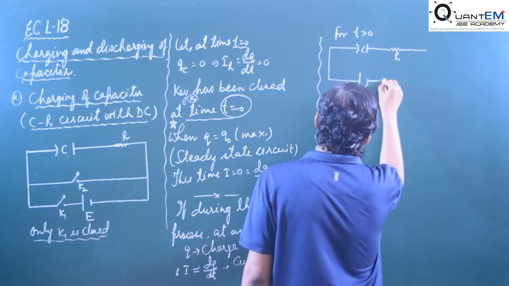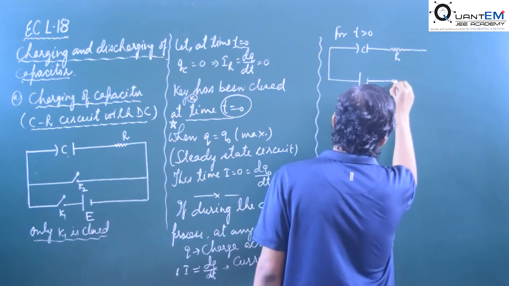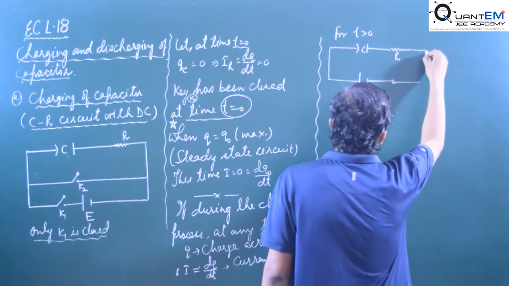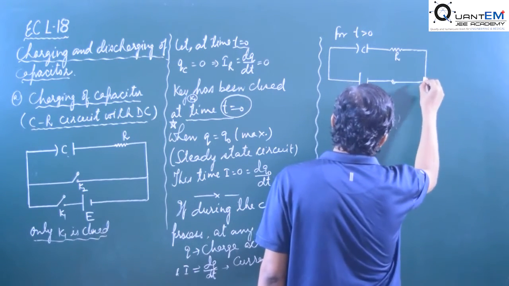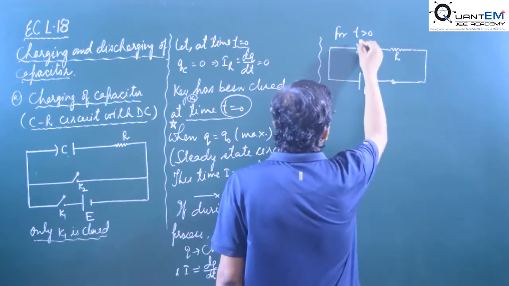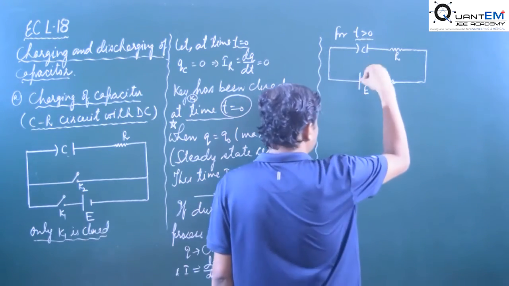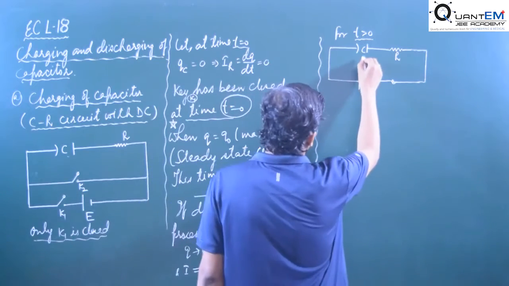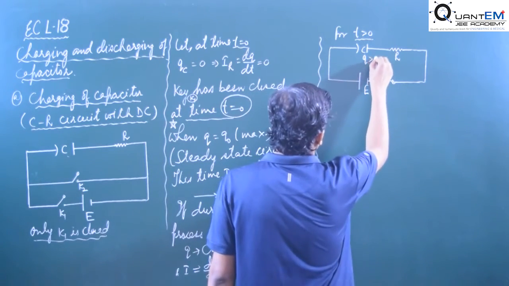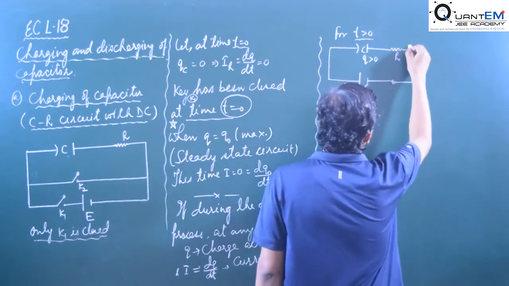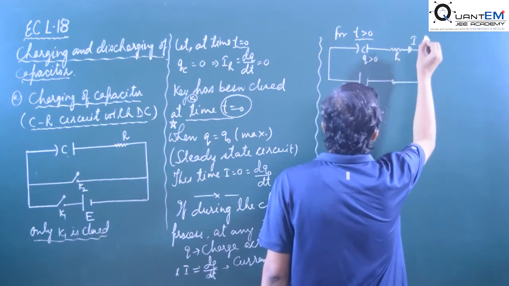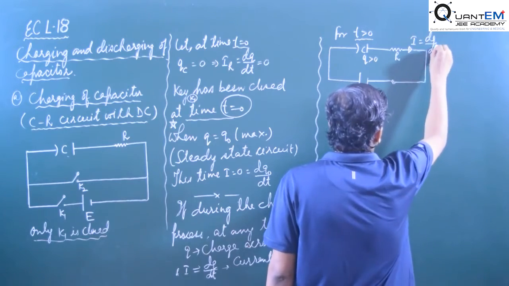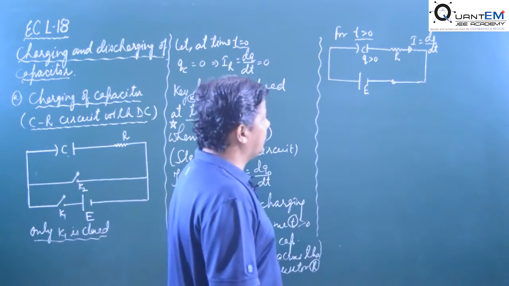At any time t greater than 0, the charge is growing within the circuit. Suppose the charge across the capacitor is q, which is greater than 0, and the current across the resistor this time is I, equal to the rate of change in charge, because the charge is variable here.